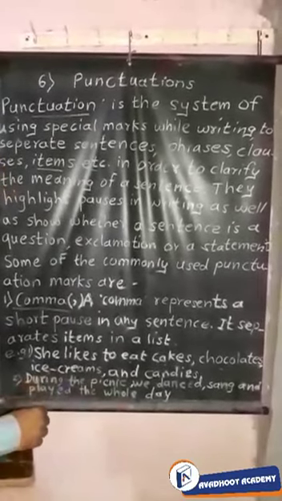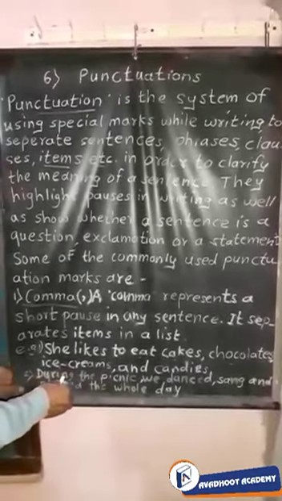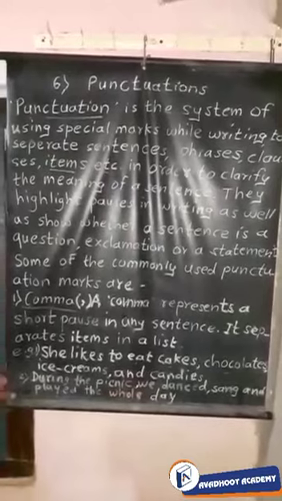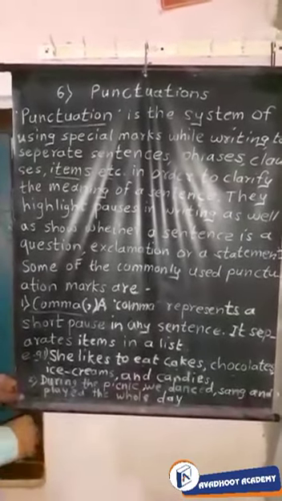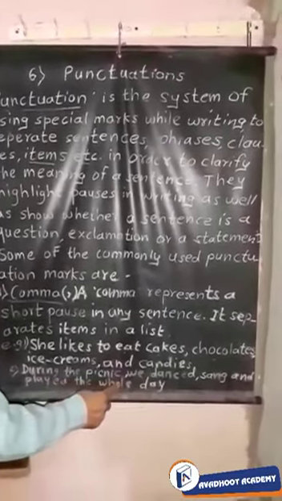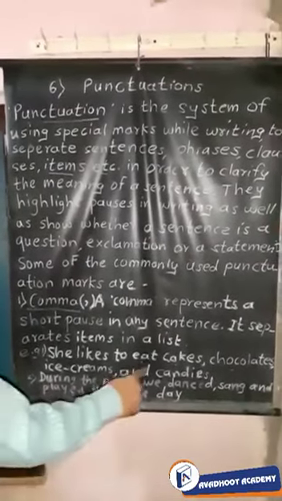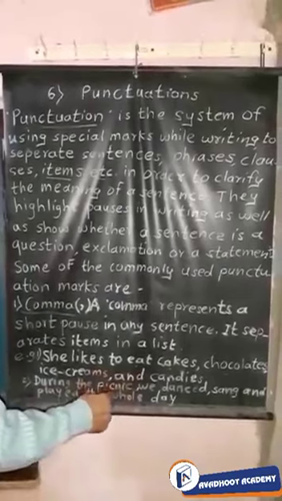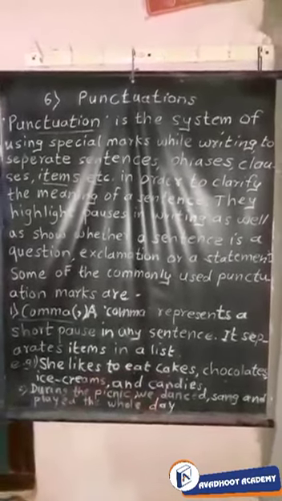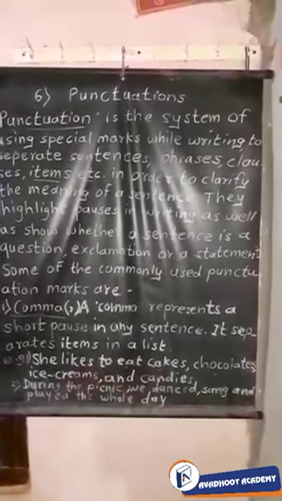So where we have taken the pause: during the picnic, pause, we danced, pause, sang and played the whole day. In that sentence the first phrase is during the picnic, then what we did: we danced, then we sang and played the whole day.